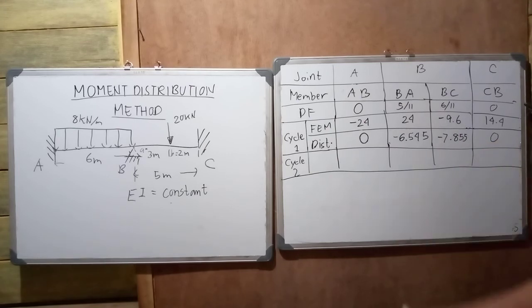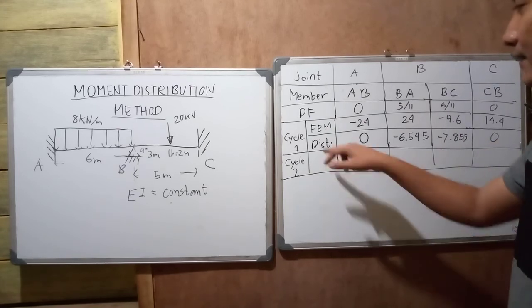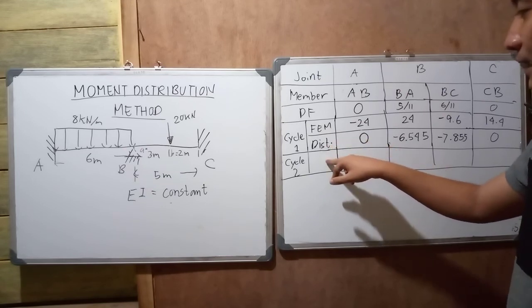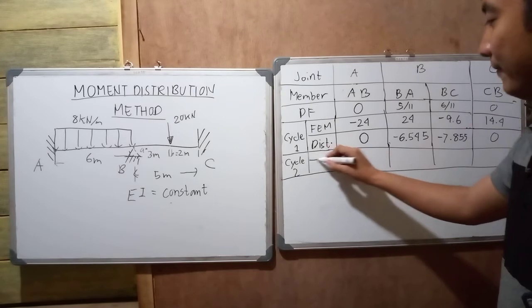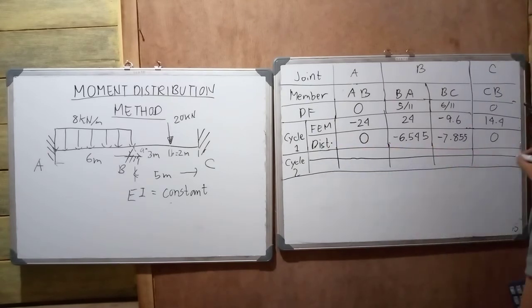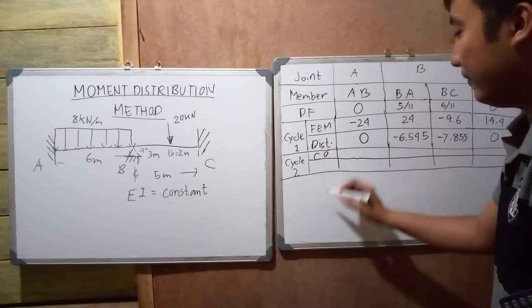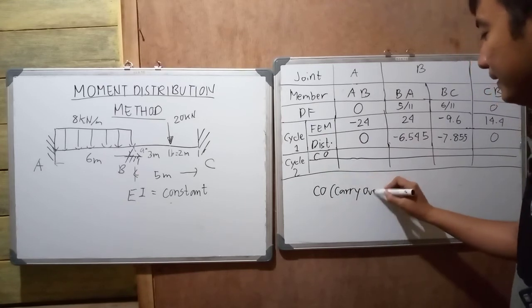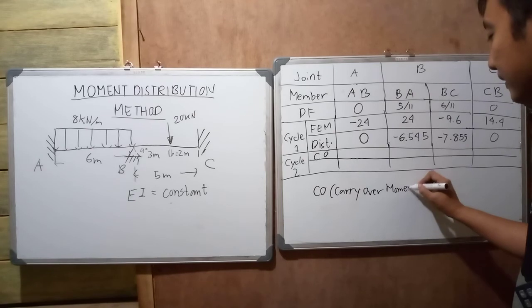Okay? But sa minimum of 2 cycles. Yung first cycle is FEM at merong isang distribution. Then, meron pang isa. We have another term called carryover. CO or CO. Carryover moment. Okay?